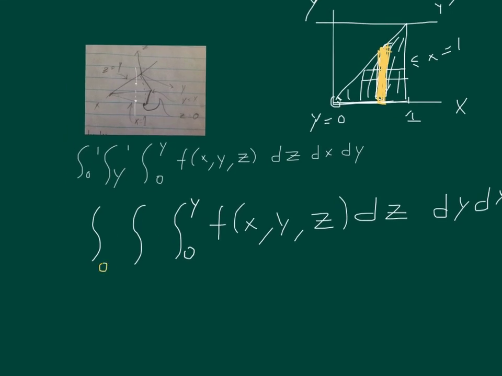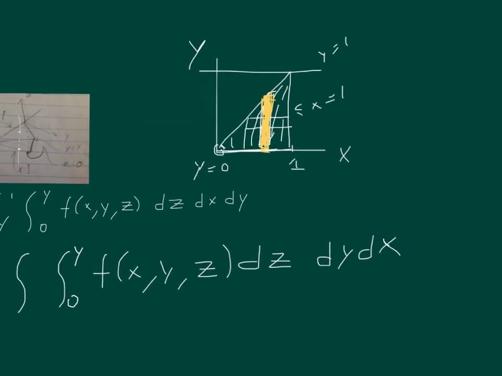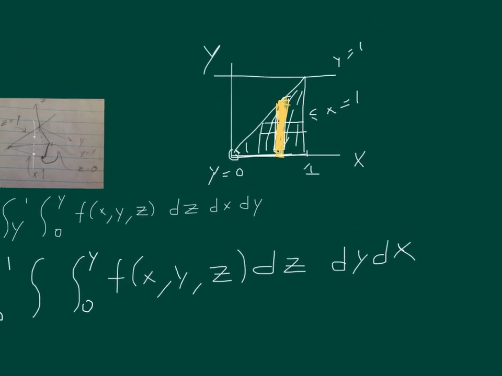0, whoops, I'm in another color. Let's see if I can get out of this. So that's 0 to positive 1. And then we look at our projection on the xy plane, and we use that yellowish vertical rectangle in order to figure out what our limits would be in terms of the y variable. So how does y range?